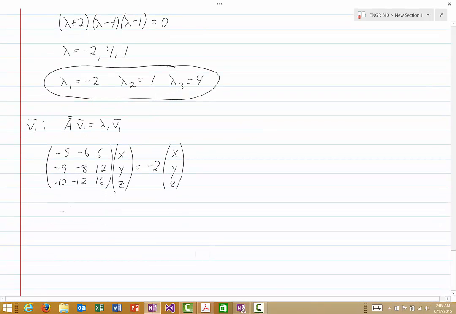So this gives us minus 5x minus 6y plus 6z equals negative 2x, minus 9x minus 8y plus 12z equals negative 2y, and minus 12x minus 12y plus 16z equals negative 2z.